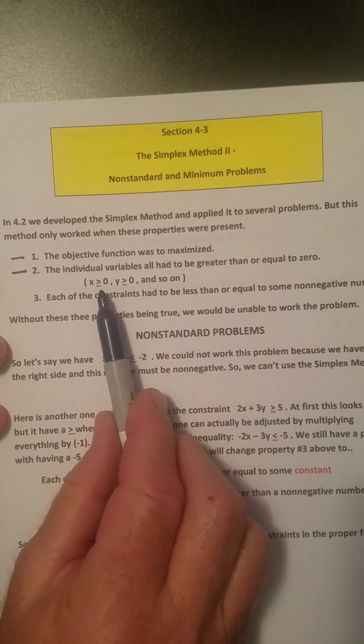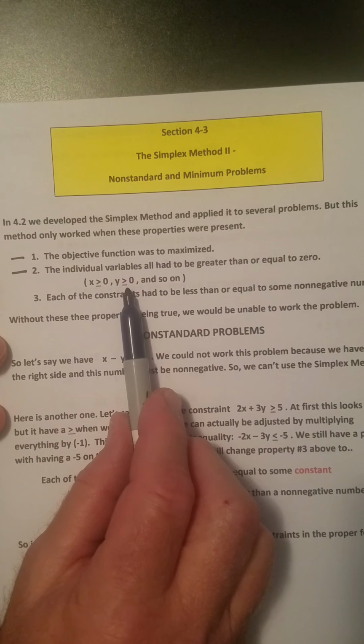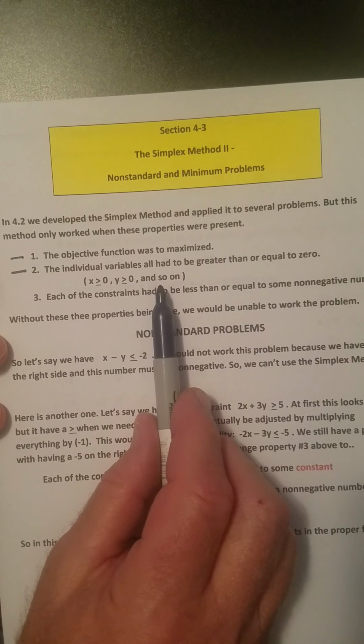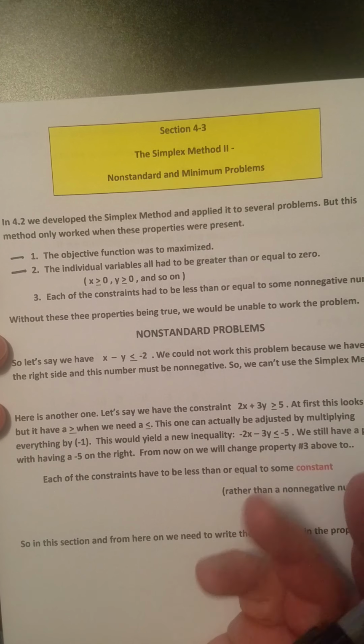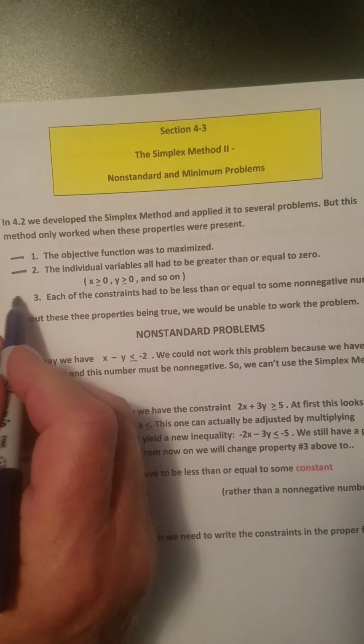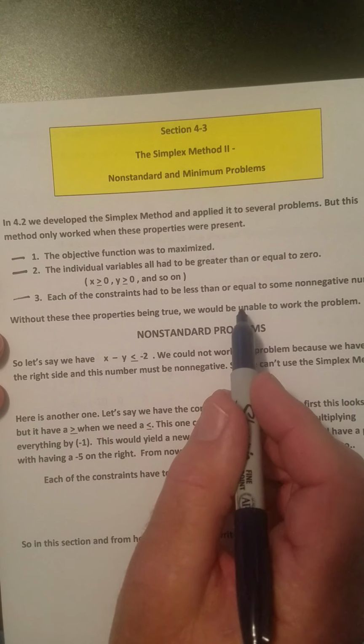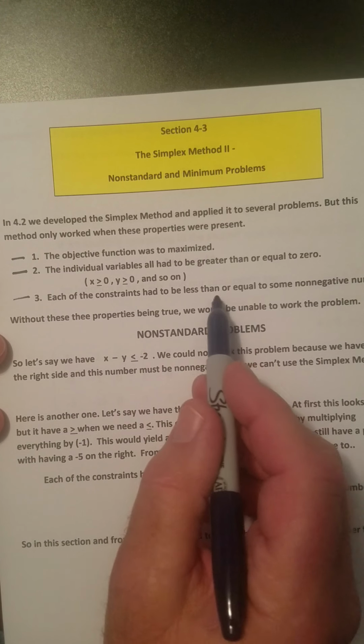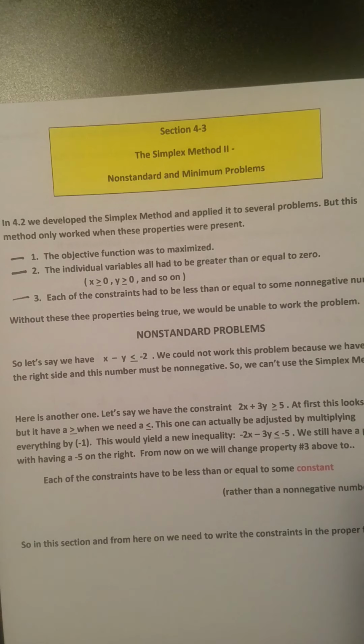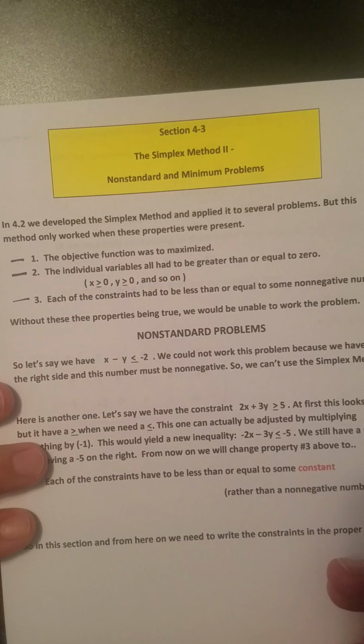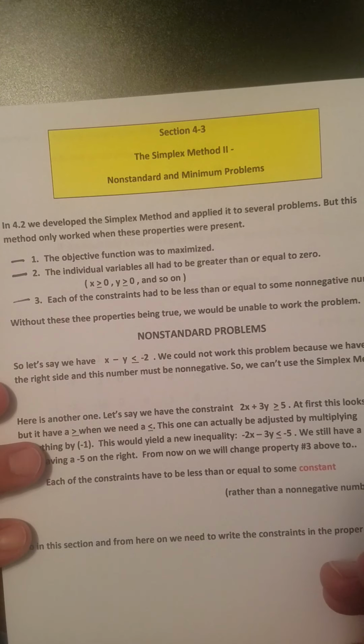So x is greater than or equal to 0, y is greater than or equal to 0, and if need be, z is greater than or equal to 0. And then each of the constraints has to be less than or equal to some non-negative number. Without those three things being true, we can't use the simplex, at least not as we showed it. So I'm going to show you some wrinkles tonight.